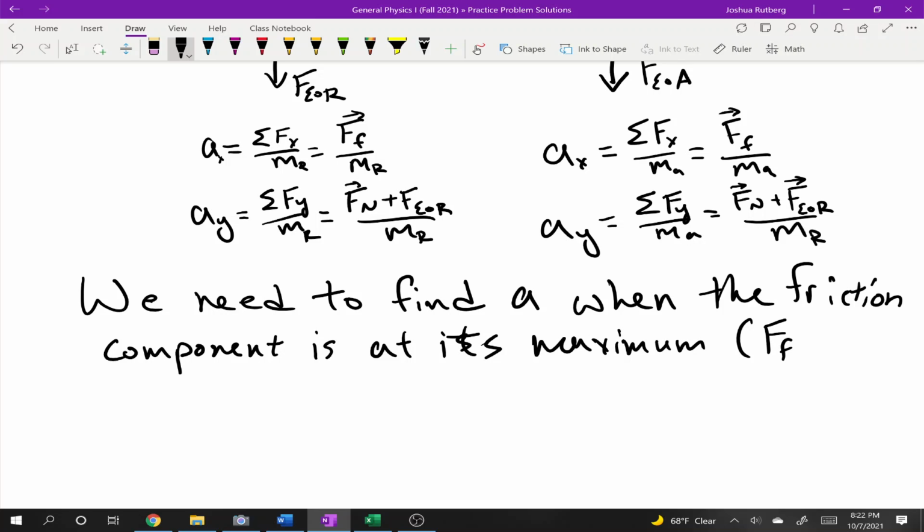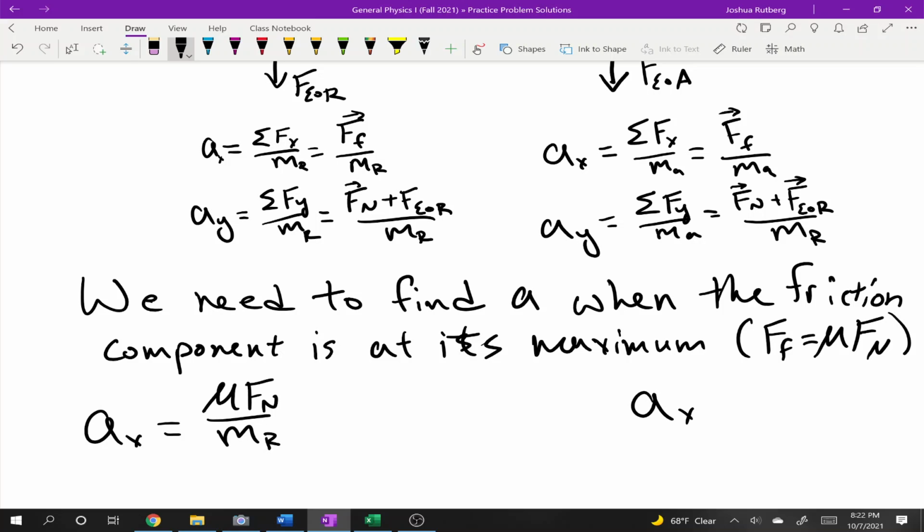So that friction component is equal to... I can use Newton's second law here. So the acceleration in the x direction is equal to mu times the normal component divided by the mass of the rubber, and the acceleration in the x direction is equal to mu times the normal component divided by the mass of the aluminum.